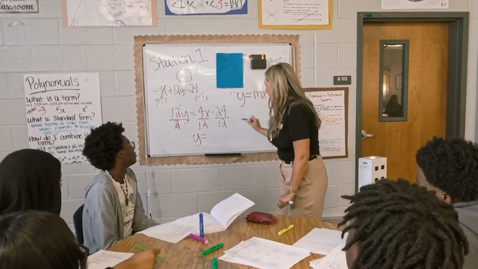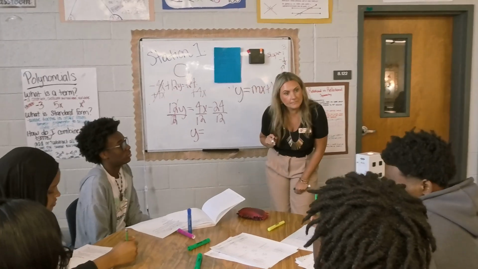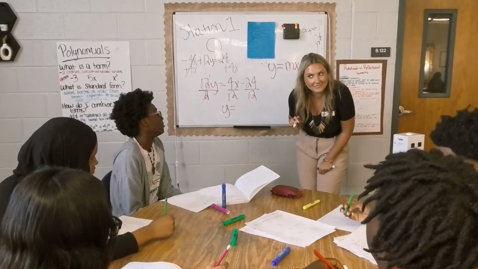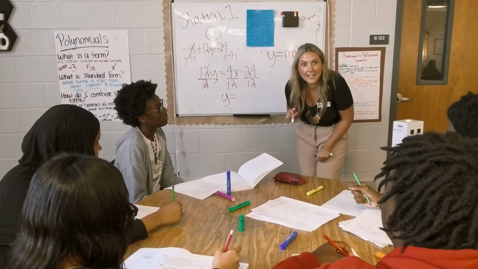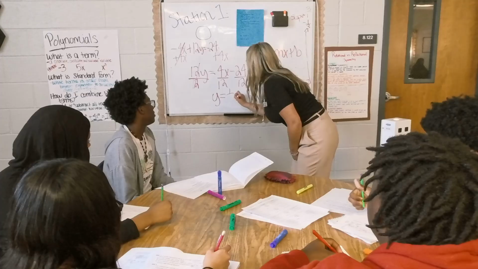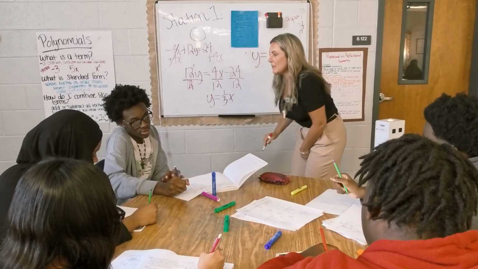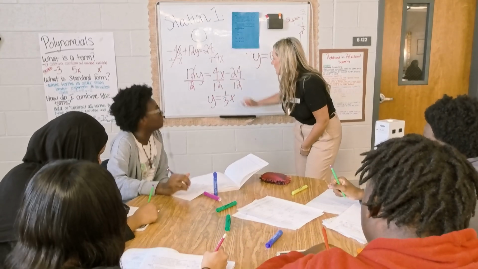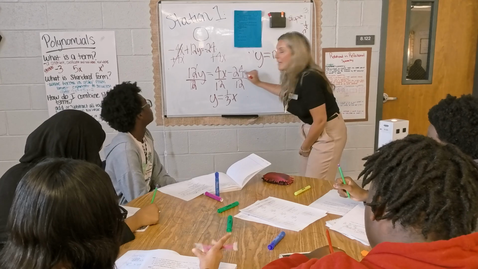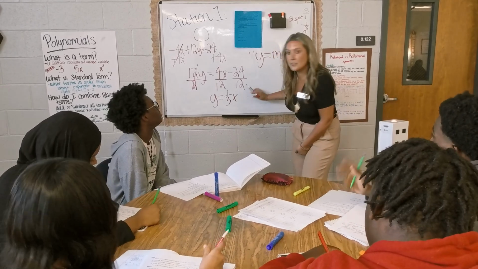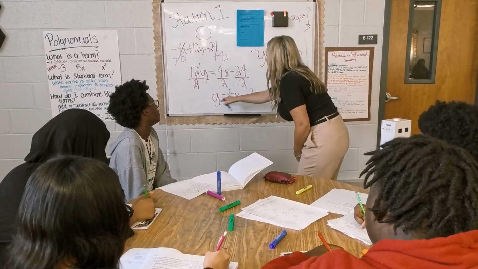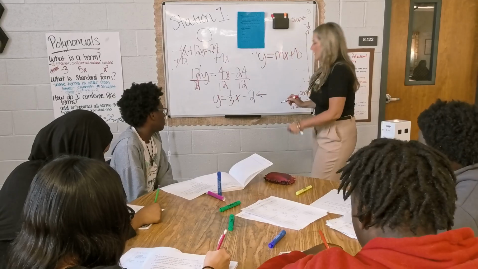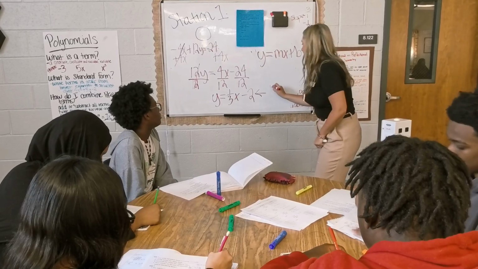What do I do with a 4 over 12? It is 1 over 3. Yes, because 4 goes into 12 3 times. So 1 over 3 is reduced down. Now 24 divided by 12 is 2. Very good. So what is the slope here for this line? 1 over 3.